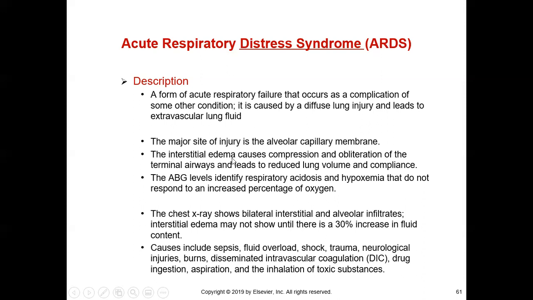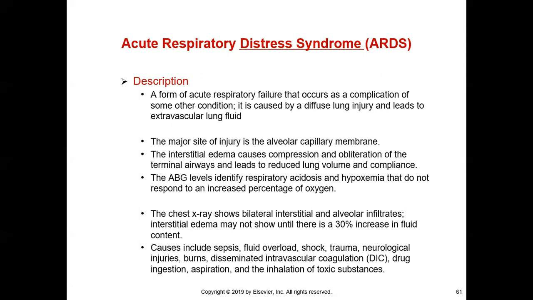The interstitial edema causes compression and obliteration of the terminal airway and leads to reduced lung volume and compliance. The arterial blood gas analysis identifies respiratory acidosis and hypoxemia that do not respond to any increase in the percentage of oxygen.